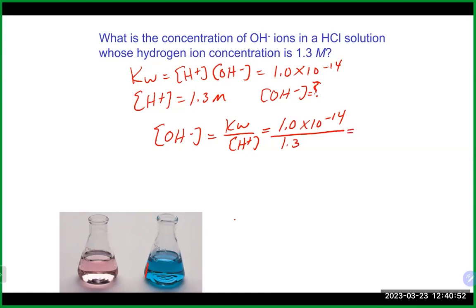And that's going to give us a 7.7 times 10 to the minus 15. This would be molarity, as it is a concentration unit, so we do need these units in there. In this case, is it acidic, basic, or neutral?